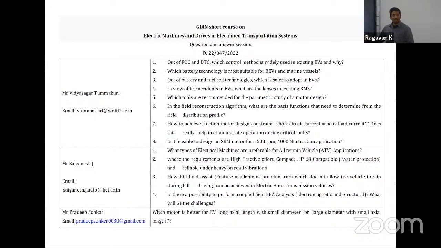Keep in mind, a direct drive is one thing, but a lot of times you will have a motor coupled to the wheel, in which case you would have to apply some amount of power. But in terms of what kind of mechanical setup they would have to hold the vehicle in place so that it doesn't slip back, I do not have an answer to that question. I would have to read through that myself as well, because that's a question of the transmission, and I don't have as much experience with transmissions as I would like to.